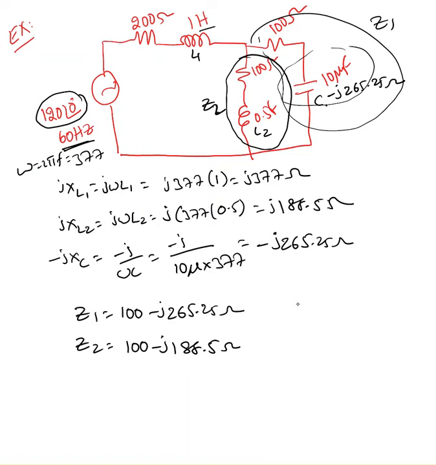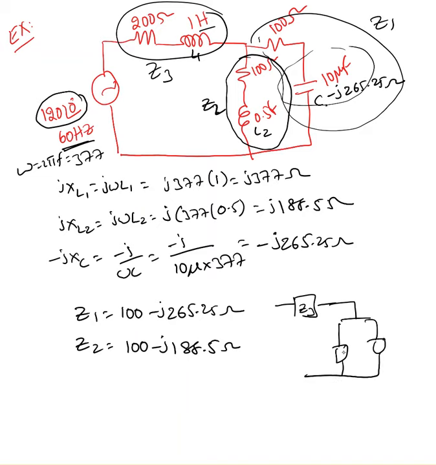Now, these two are in parallel. If I label this Z3, and this is Z1, this is Z2, we can clearly see these two are in parallel. So Z1 parallel with Z2, which I'm going to label as Z4, equal to Z1 times Z2 over Z1 plus Z2.